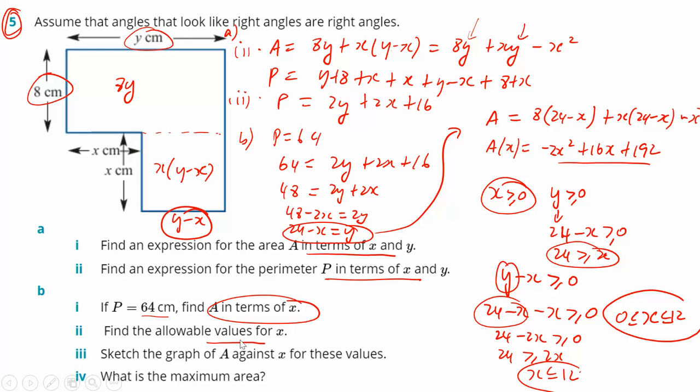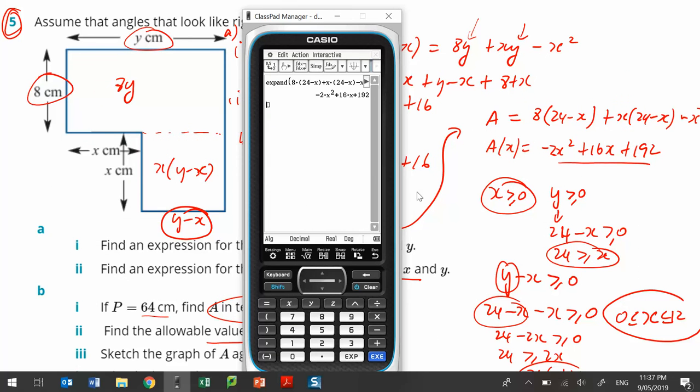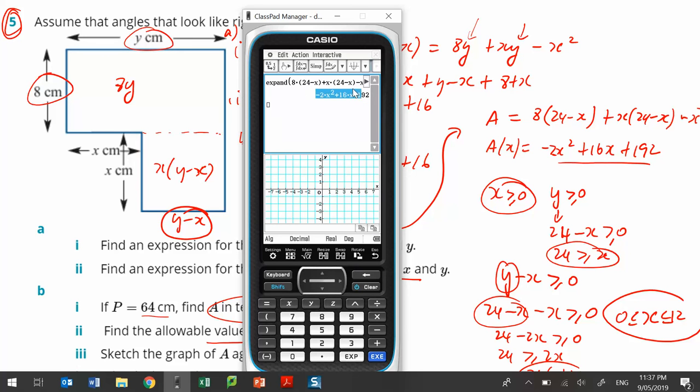So the next part is sketch the graph of A against x for these values and find the maximum area. To sketch the graph, you're sketching between 0 and 12. I'm going to just drag and drop this graph.